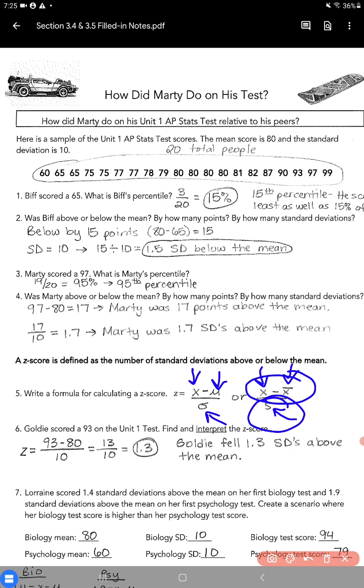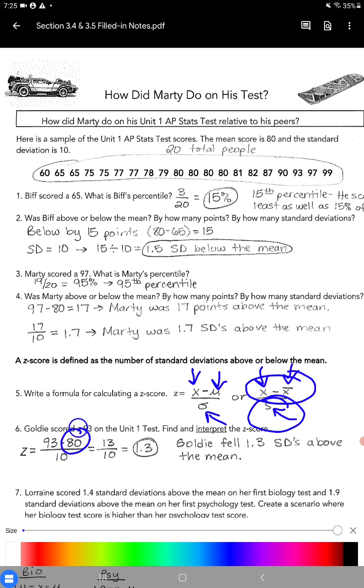So example 6, Goldie scored a 93 on the Unit 1 test. Find and interpret her z-score. So the first thing we're going to do is locate the average. The average was 80. Okay? Then we are going to plug in Goldie's score to see how far away from the average she was. Well, she scored a 93. That means she was 13 points above average.